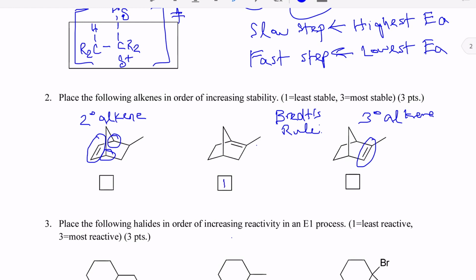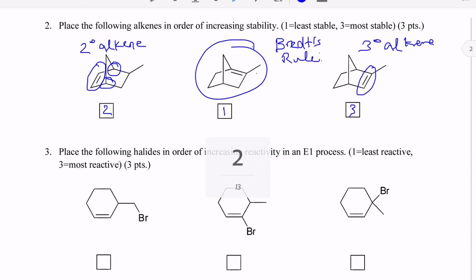But now that we've covered the main exception to the trend we mentioned earlier about the stability of alkenes, when we look at these two, the double bonds are not at a bridgehead position, so they don't involve one of the bridgehead carbons. We can apply our usual principle of stability for alkenes, so secondary alkenes are less stable than tertiary alkenes. So we have the following order, and this gives us our final answer for number 2.